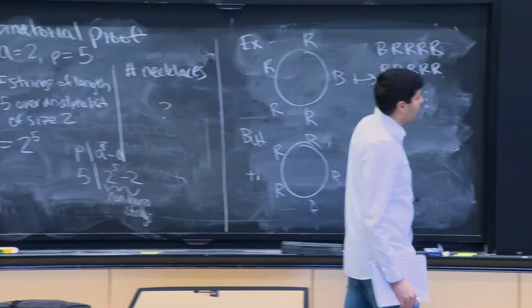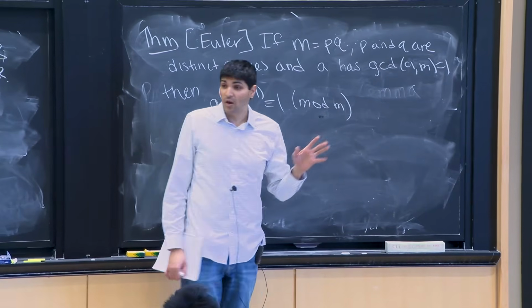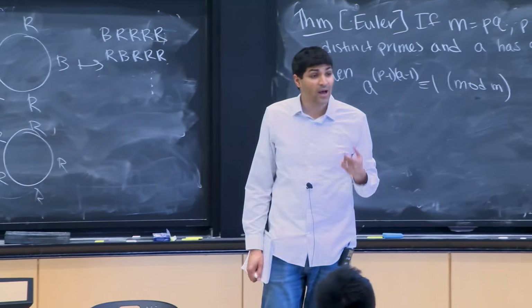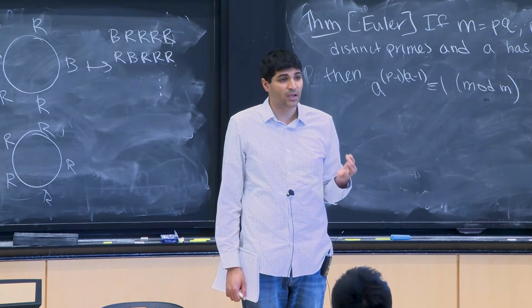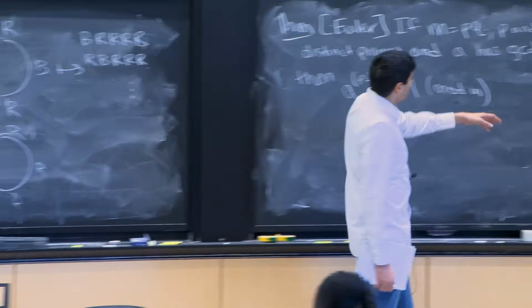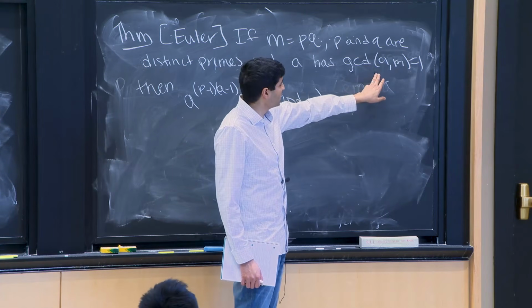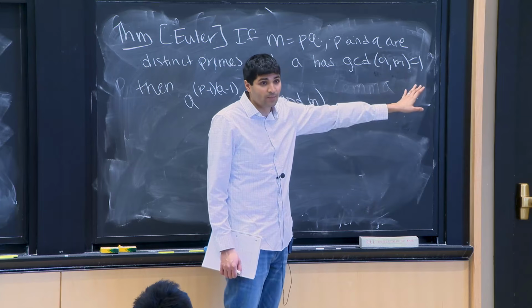Now I'm working modulo M that is not prime. So we already know that it's not a group, and not every element has a multiplicative inverse. But some elements do. In particular, what are the elements that have a multiplicative inverse? Those are the A's where the GCD between A and M is 1.